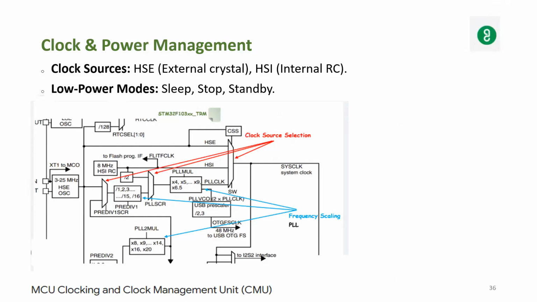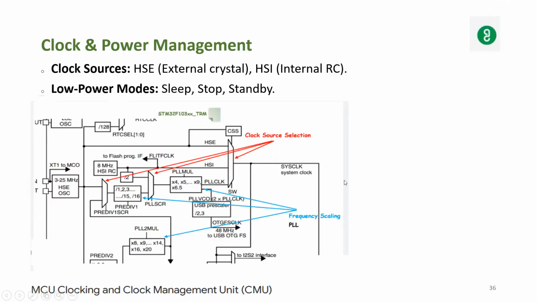Now, with the red color arrow mark, you can see the clock source selection, how the clock source selection is done. That is represented with the red color arrow mark.